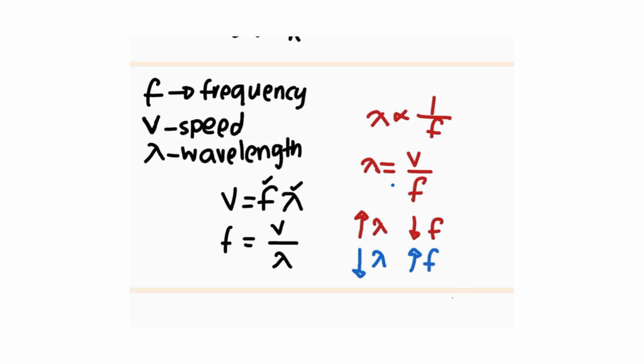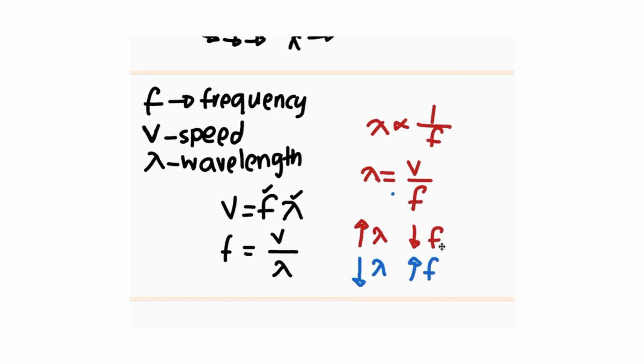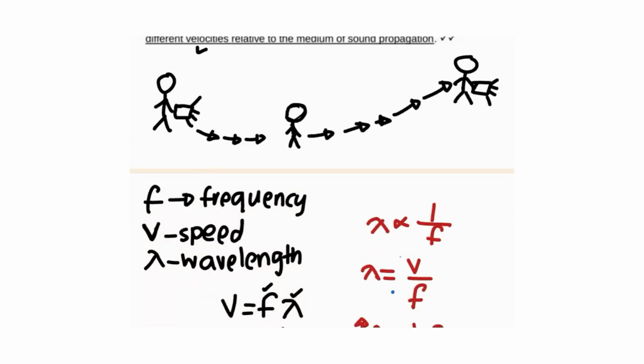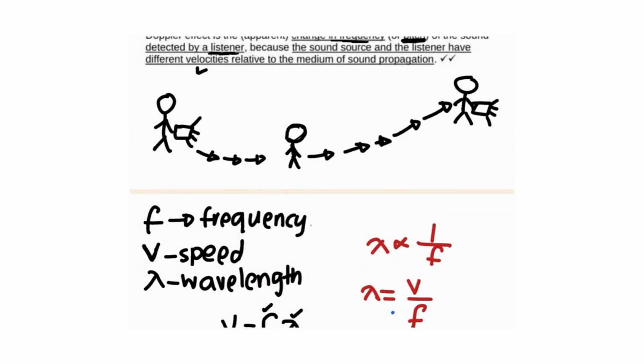So I'm going to take this relationship, come back here, and explain now what changes between the sound source and the listener, you and your friend. What changes led to you hearing a higher pitch when your friend was approaching you, and now a lower pitch when your friend was moving away from you?